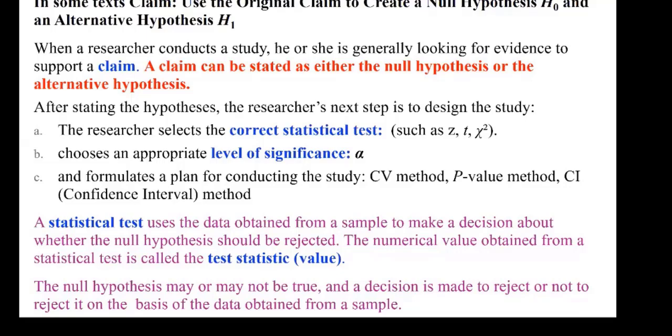Your decision has really a few parts, but the very first part and the most important part that has to do with your calculation is that the null hypothesis, H0, may or may not be true, and a decision is made to reject or not to reject. So the very first step is rejecting or not rejecting H0.